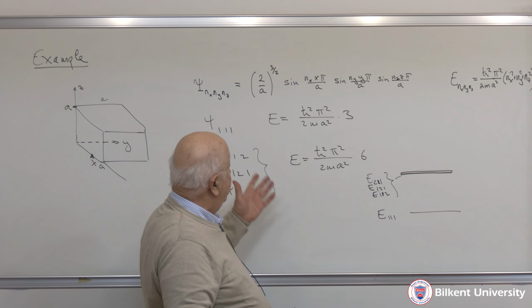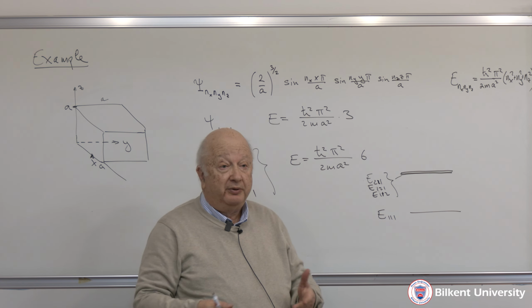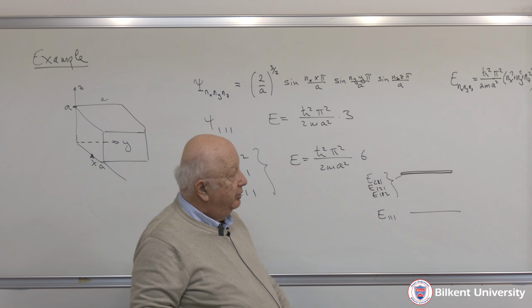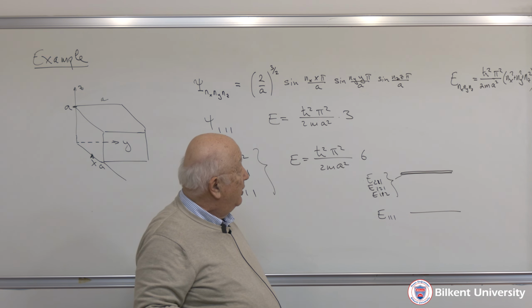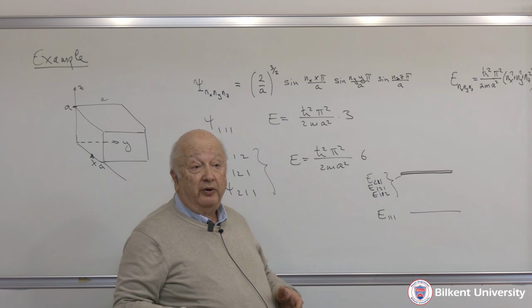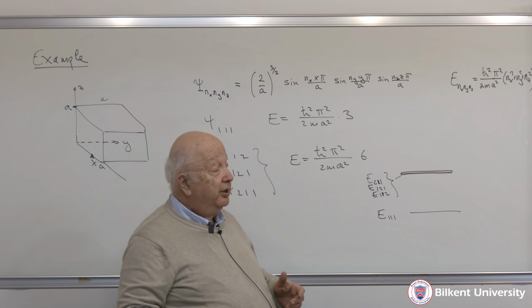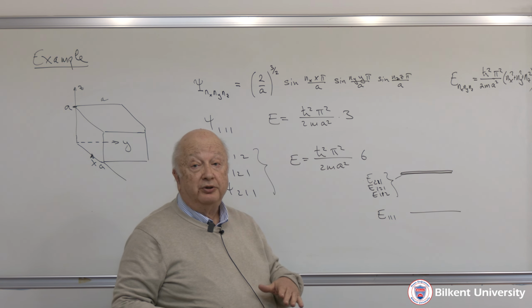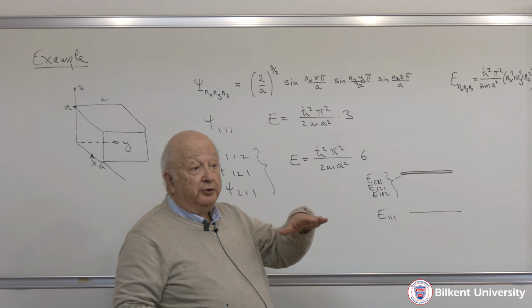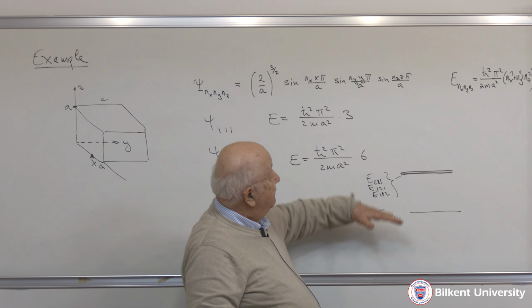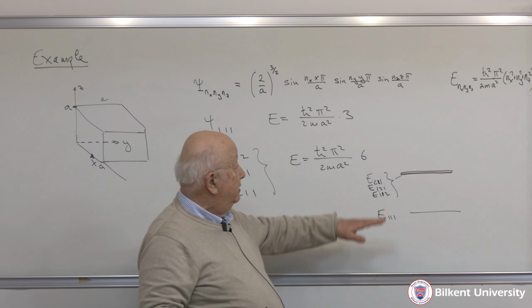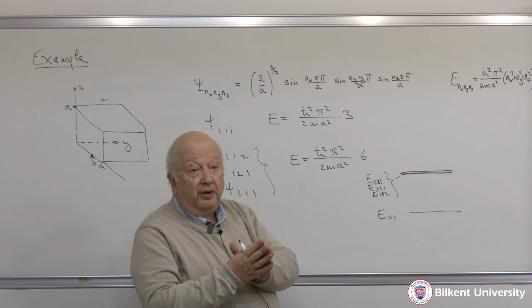Obviously, I can put in an H1 which doesn't break this symmetry, but then, of course, we will not be able to use the methodology that we learned. One trivial H1 that will not break this symmetry is a constant potential. If I put in a constant potential, everything will increase by the same constant amount, and the degeneracies will stay.